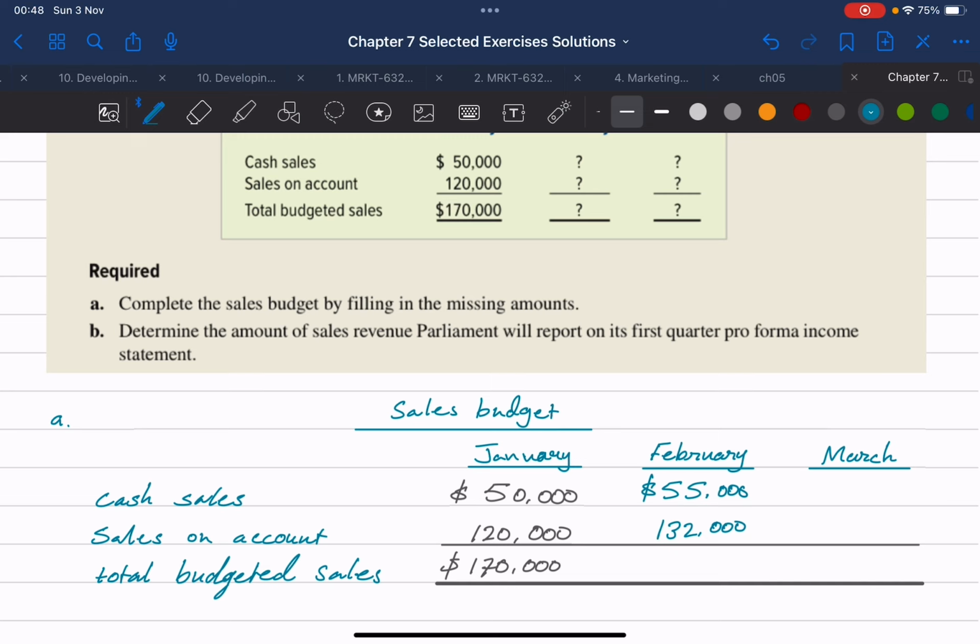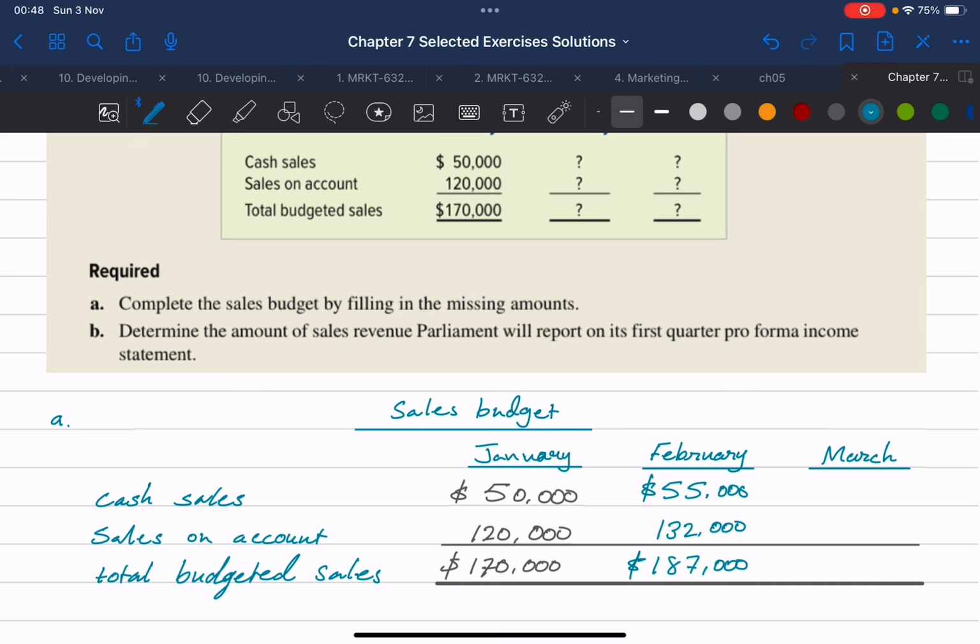All I need to do now is add these two together: 132,000 plus the 55,000 we calculated earlier for the cash sales, and we get 187,000. This is one way to do it.